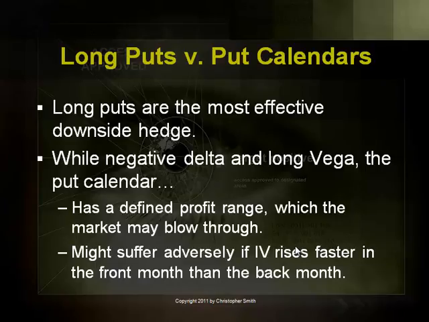And as we just showed you in the 2008 sell-off, the market just blew right through that out of the money put calendar. Also, a put calendar can hurt you if the vol rises faster in the front month than it does in the back months. So your short put options start increasing in value at a rate faster than your back month option.